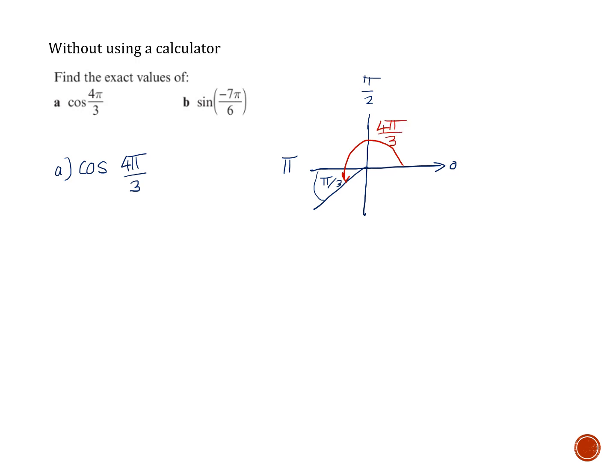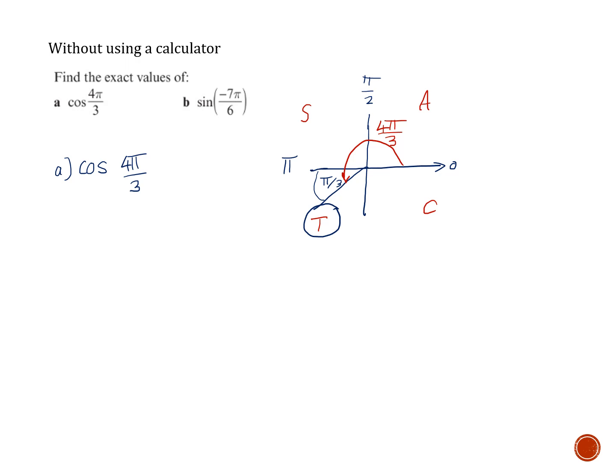Okay, remember how your CAST diagrams work. You label them C, A, S, T. What those letters tell you is which trig ratios are positive in that quadrant. So we are in this quadrant for 4 pi by 3. Tan is positive there, so cos isn't positive.